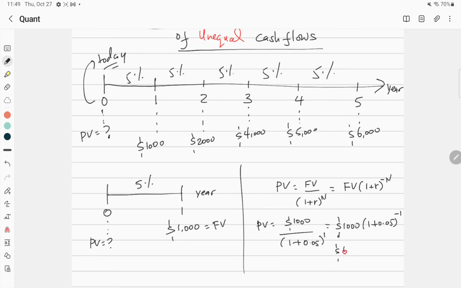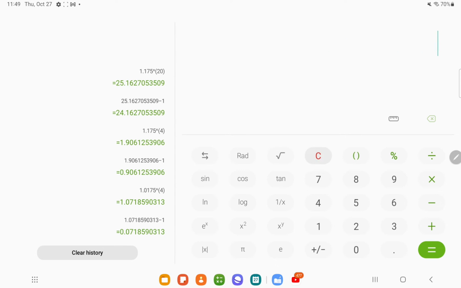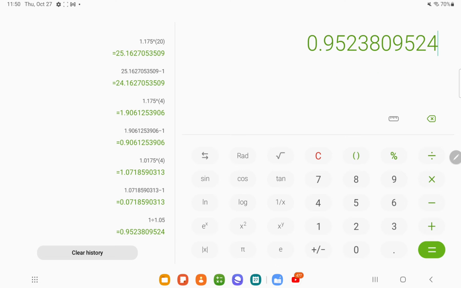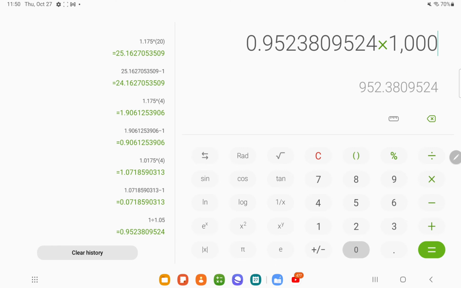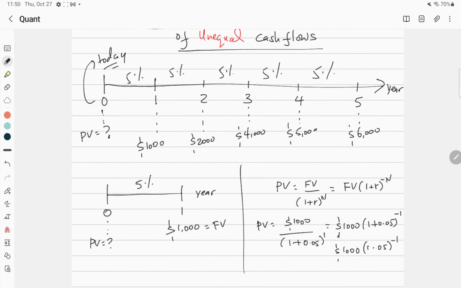So this is $1,000 times 1.05 raised to minus 1. This means 1 over 1.05 times 1,000. 1 over 1.05 equals 0.95238, times 1,000.